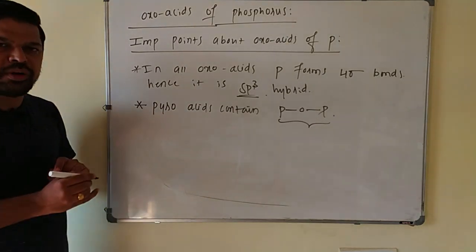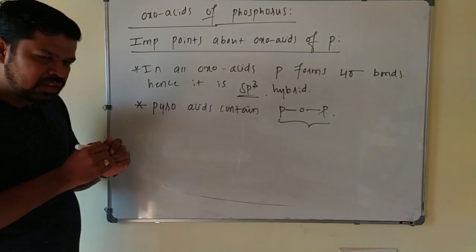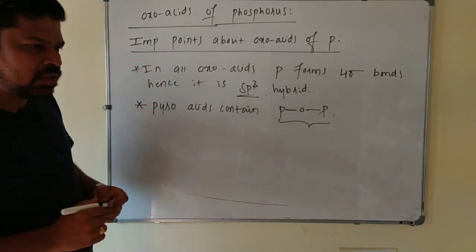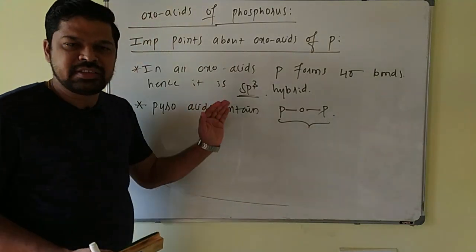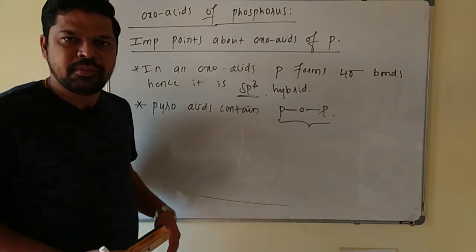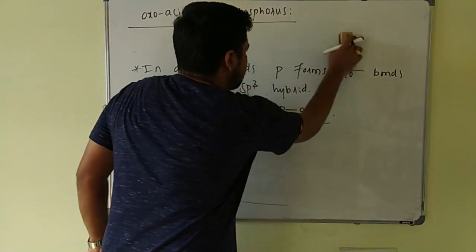These are some important points about the oxoacids. If you know these basic things, you can readily tell the properties of these oxoacids. Now we will discuss all these oxoacids one by one: their reducing property, their acidic nature, structure, hybridization, each and everything.